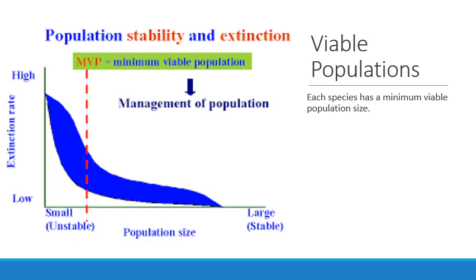All populations have what's called a viable population size, a minimum size necessary to survive and maintain genetic diversity. This is called the MVP, the minimum viable population. Once you get below the minimum viable population, the odds of an unstable extinction event become much higher.